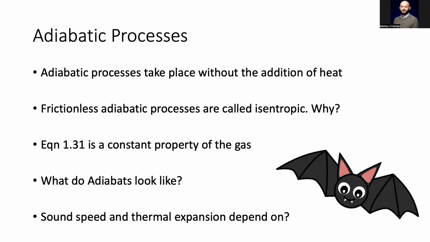That's a constant property of the gas if it's isentropic. So if one, then two. What does an adiabat look like in PV space?